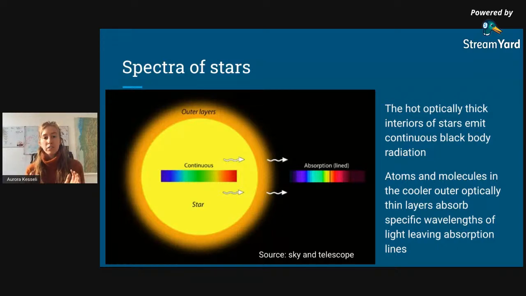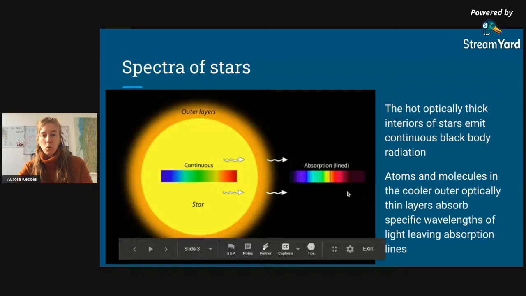But then you have this region on the outside of the star's atmosphere that's a bit cooler and more diffuse, so it's optically thin. The continuous light is going to pass through this outer layer, and depending on what elements or molecules are in the outer layer, you're going to get absorption lines from photons being absorbed by the elements and molecules at these specific wavelengths.